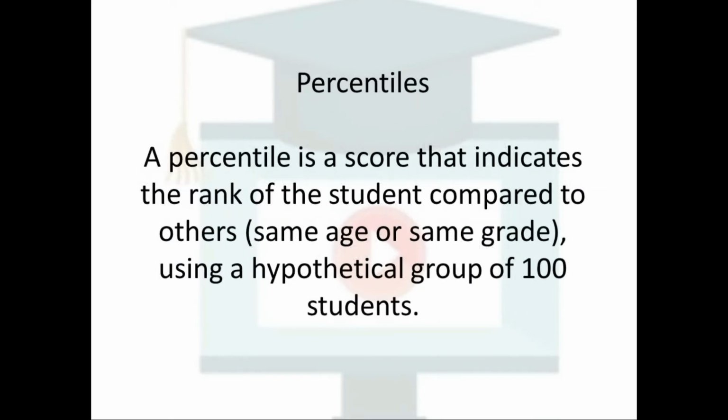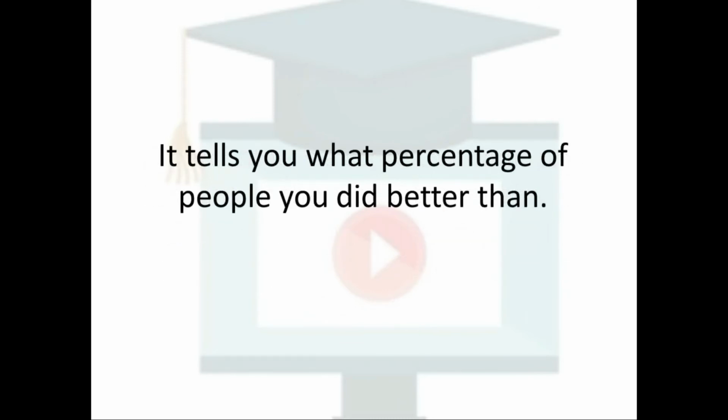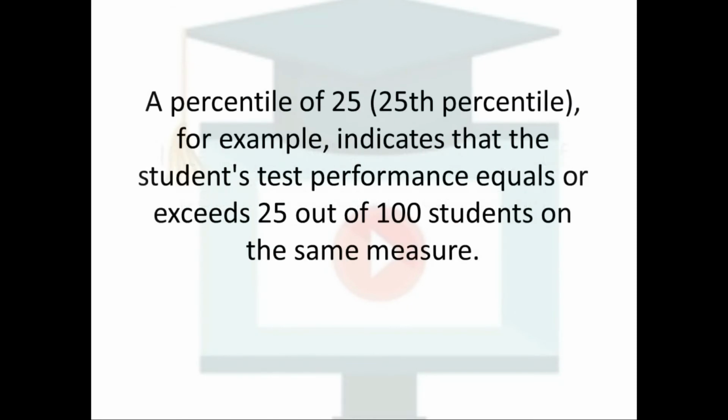Percentiles. A percentile is a score that indicates the rank of the student compared to others of the same age or same grade. Using a hypothetical group of 100 students, it tells you what percentage of people you did better than. A percentile of 25, the 25th percentile, for example, indicates that the student's test performance equals or exceeds 25 out of 100 students on the same measure.